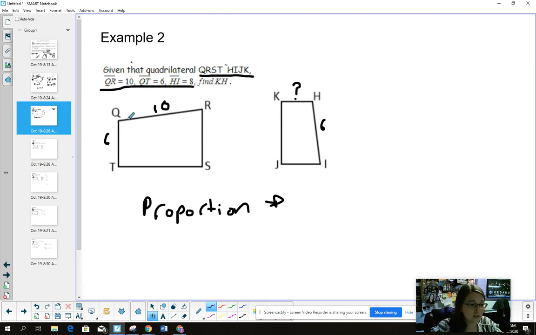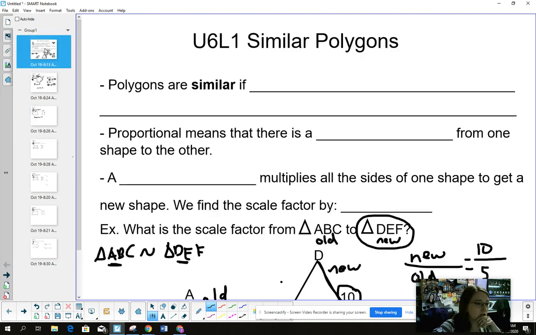So we have over here two sides. I am going to put them in a fraction. It doesn't necessarily matter the way I do it. I just have to make this one the same. Shoot.